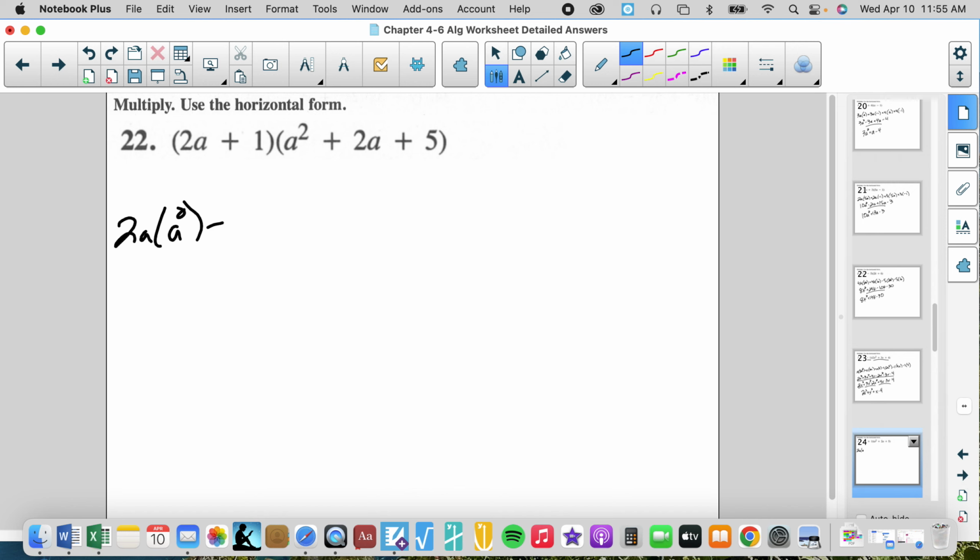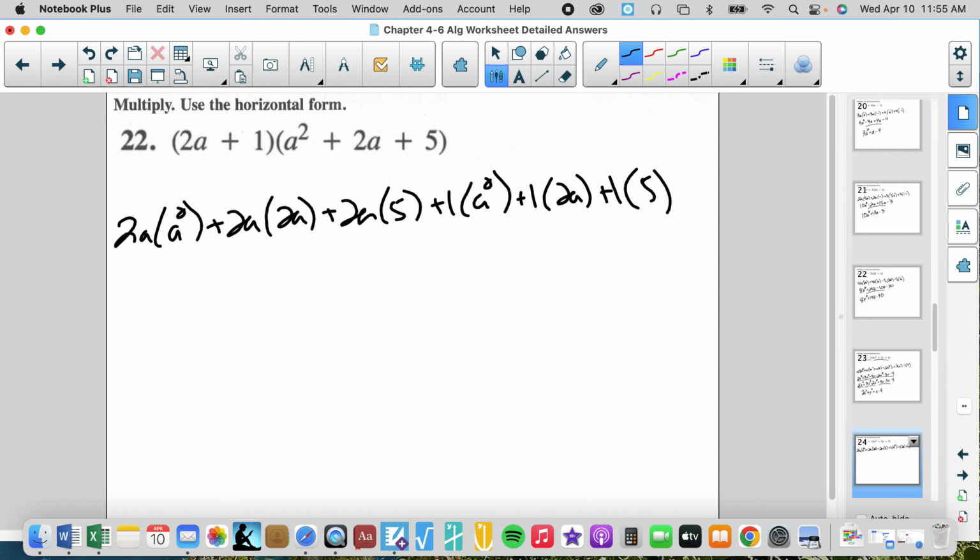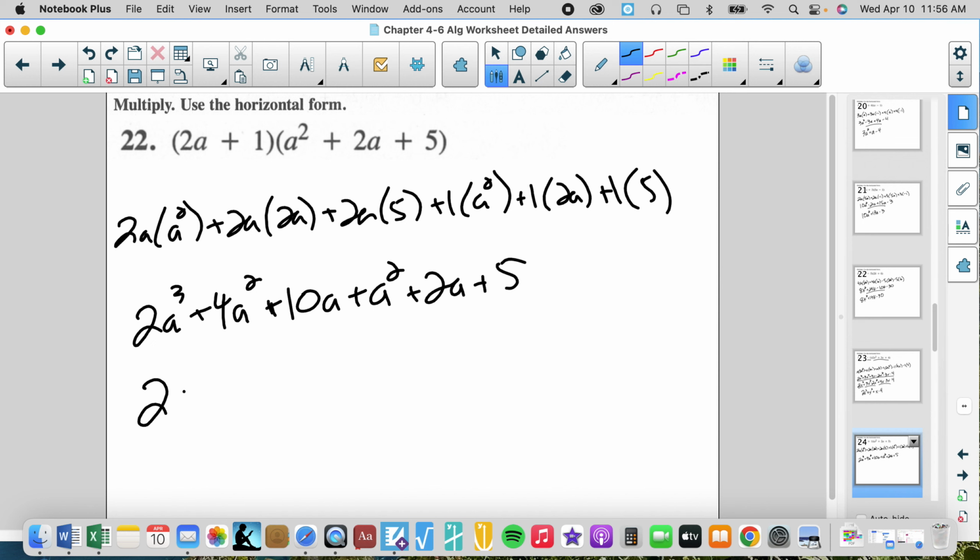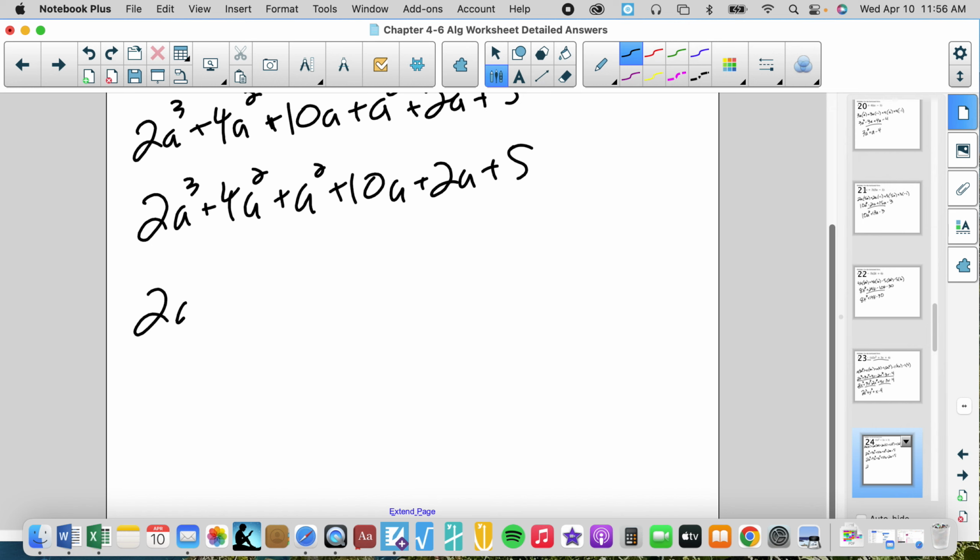2a times a squared plus 2a times 2a plus 2a times 5 plus 1 times a squared plus 1 times 2a plus 1 times 5. 2a to the third plus 4a squared plus 10a plus a squared plus 2a plus 5. 2a to the third plus 4a squared plus a squared plus 10a plus 2a plus 5. 2a to the third, that's going to be plus 5a squared.